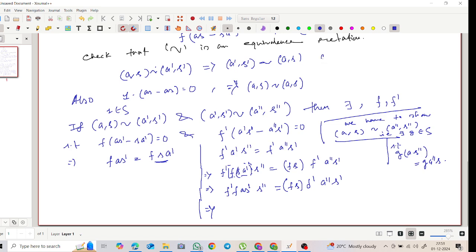I forgot to write this: a is in R and s is in capital S. The left component is in R, the right component is in S.